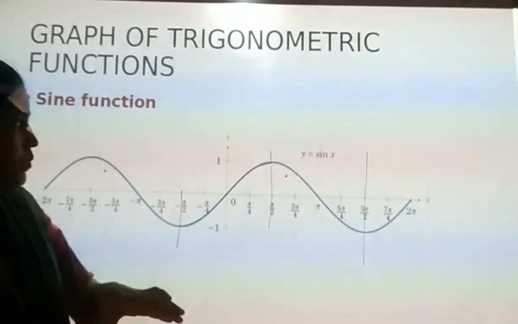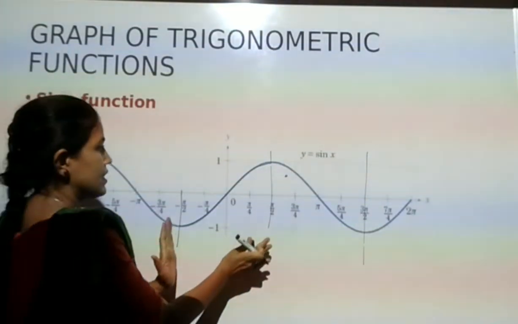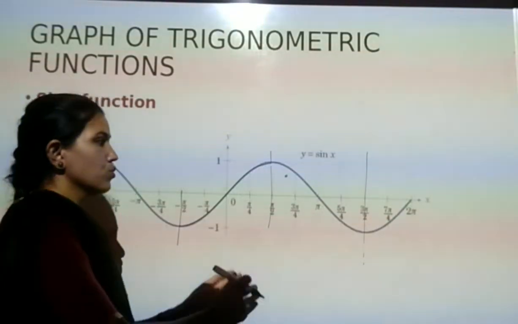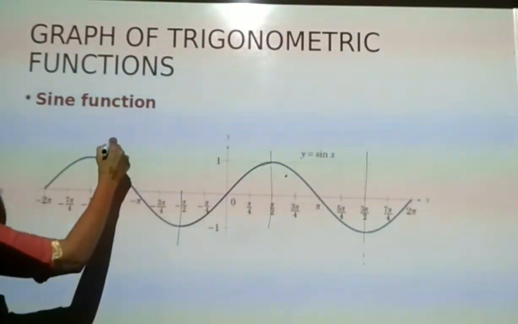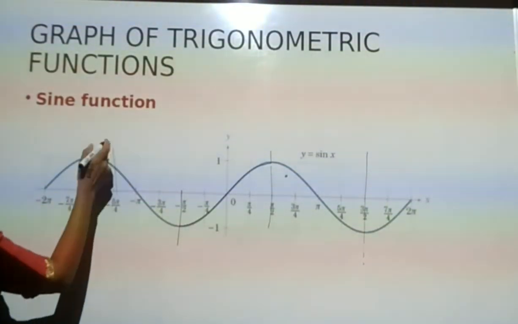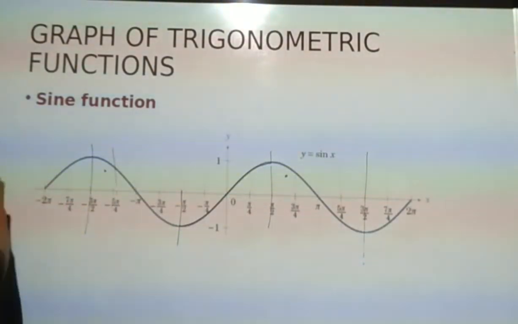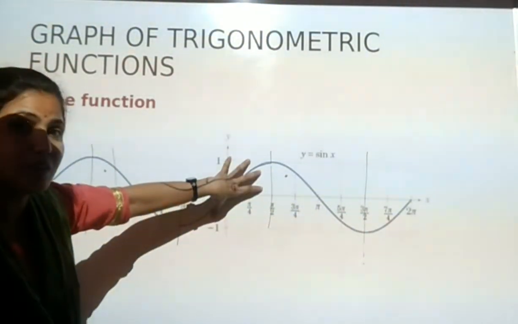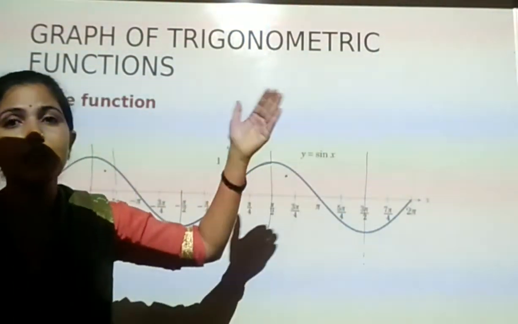So if we restrict, that is redefine, the domain in these intervals, minus pi by 2 to pi by 2, pi by 2 to 3 pi by 2, 3 pi by 2 to 5 pi by 2, and similarly minus 3 pi by 2 to minus pi by 2, and so on, then within these intervals the sine function will appear 1-1, not on R. Only in these intervals is the function 1-1.